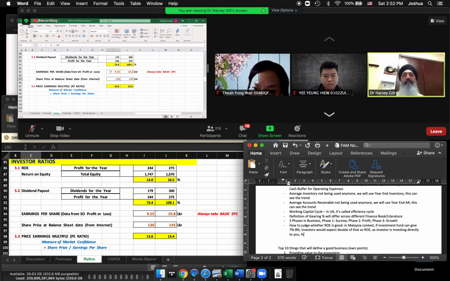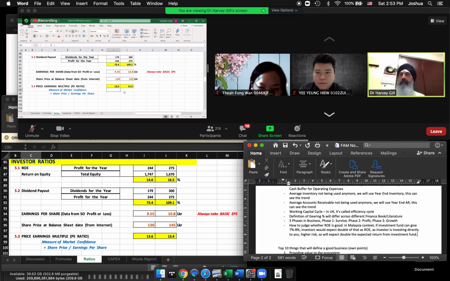So you see, this is earnings per share. You remember, earnings per share is simply net profit for the year per share. Why do I want to express it on a per share basis? So that I can compare it with share price. That's all. This company's share price is 130 divided by 9.55. We get the PE ratio multiple of 13.6.